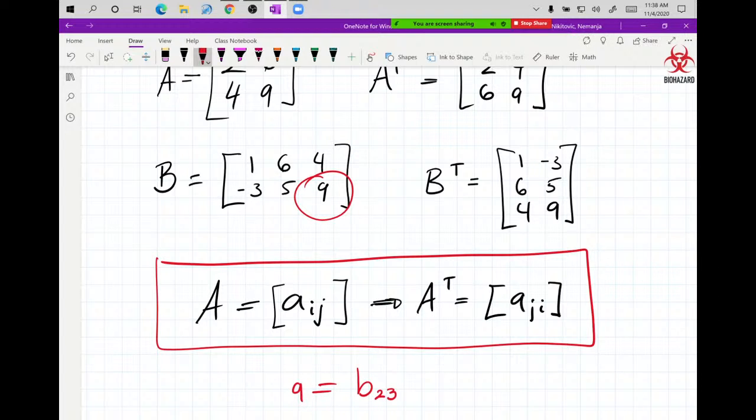And now in B transpose, it becomes 3, 2, a third row, second column. Where entry 5 was B 2, 2, when you swap 2, 2, you still get 2, 2. So that's why it stays. Anything on the diagonal will stay in its spot, and everything else gets to change.